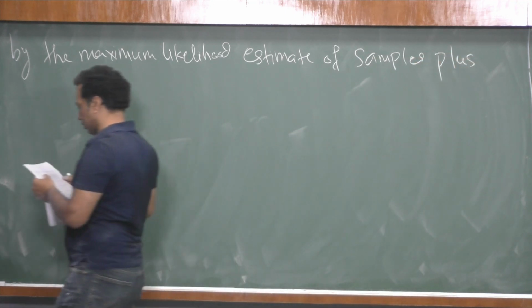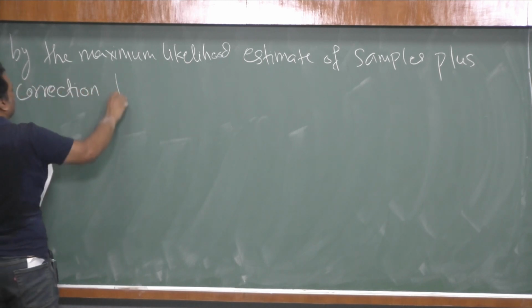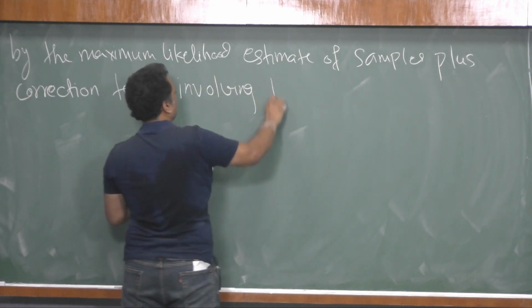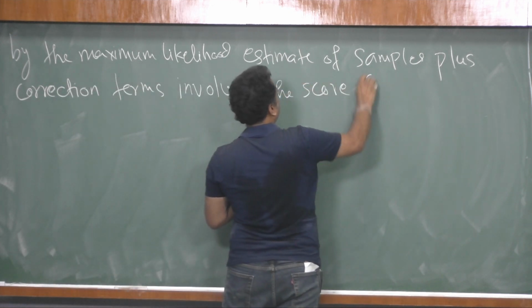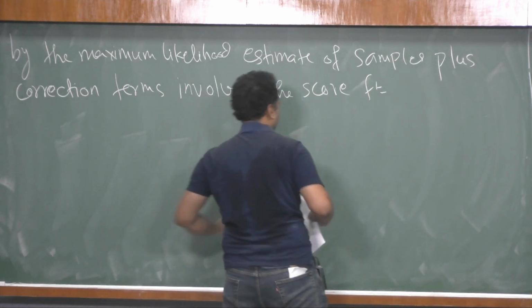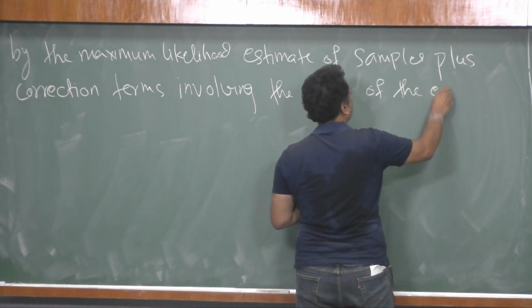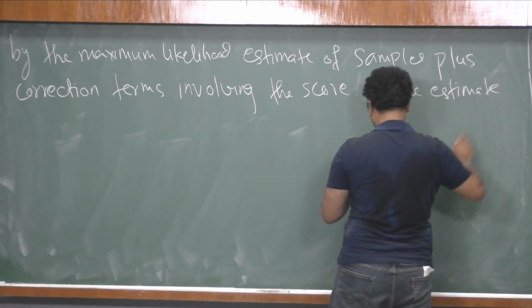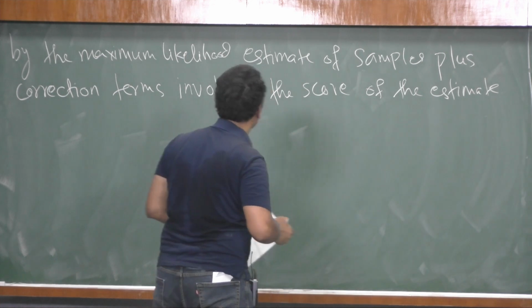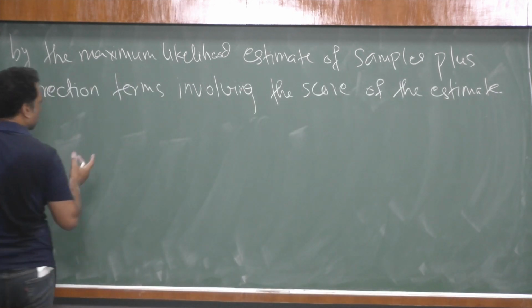plus some correction terms involving the score function, or score of the estimate. I can go into the detail of Tweedie's formula a bit later, but I will use this as a formula for the moment, or maybe you can pick this up as a project.